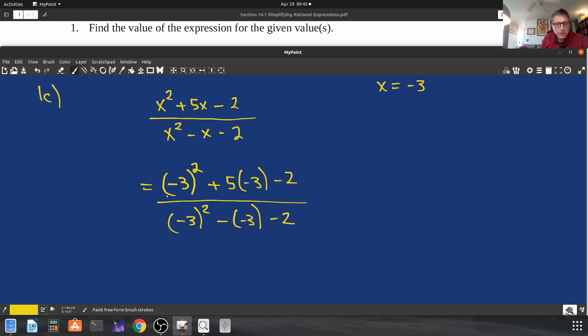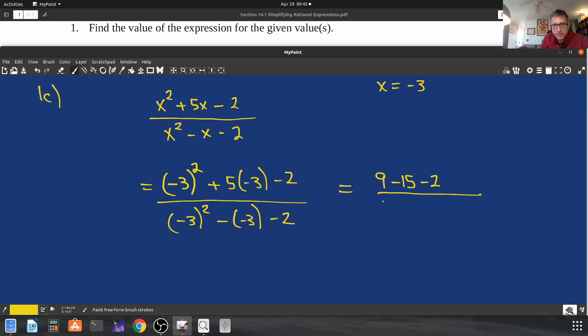Now do not try to cancel out the minus 3 squared in the numerator and the minus 3 squared in the denominator. That's a common error, and it's completely wrong. Our only option is to evaluate the numerator and then evaluate the denominator. So minus 3 squared is minus 3 times 3, so that gives me 9. 5 times minus 3 is minus 15, and then I'm subtracting a 2.